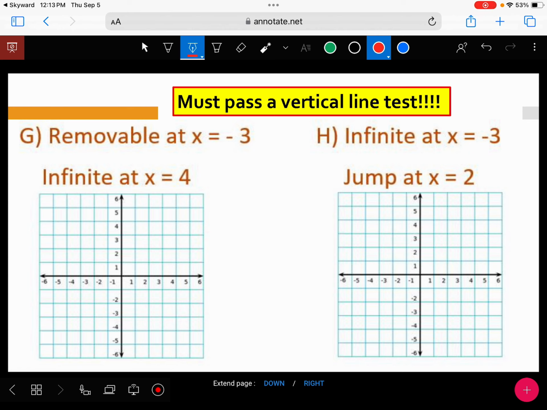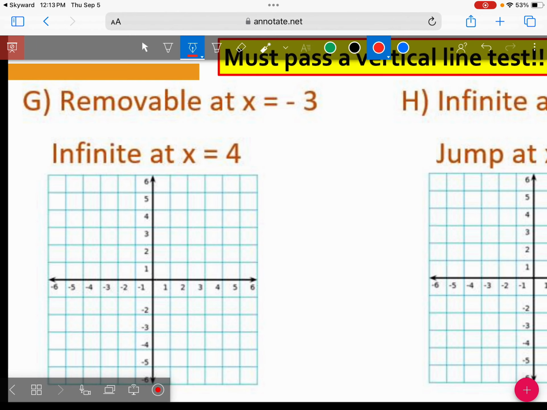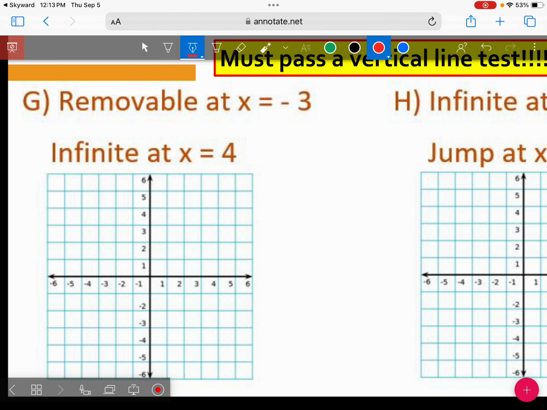I think a lot of you all are trying to do like superhero stuff. Don't be a superhero, okay? We're gonna be basic. We're gonna be real basic. So what I recommend you do, and I'll go back and look at it, is just draw your infinite discontinuity at +4.